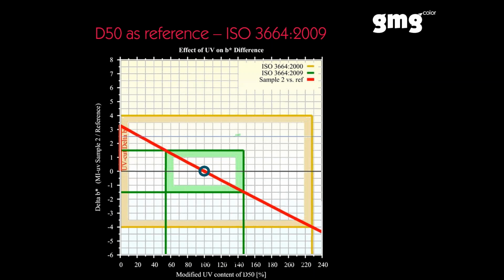The yellow frame we see here now shows the tolerances of the UV metamerism index from the old standard with 4 delta E, and the green frame describes the new revision from 2009 with a new tolerance of 1.5. So you see, it's a pretty big change actually.